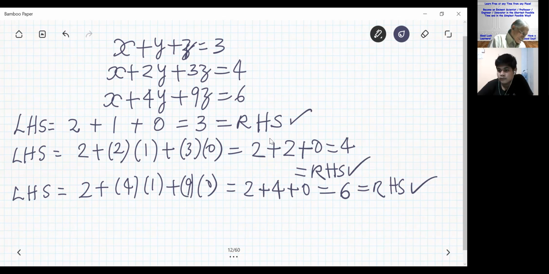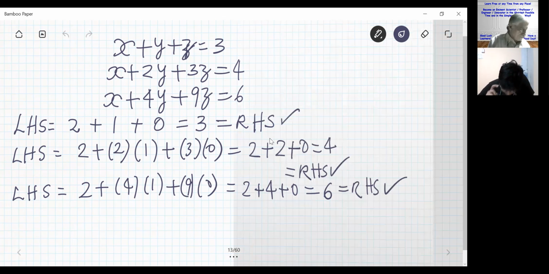Y plus 2x minus z is equal to 2. Z plus 3y plus x is equal to 10.